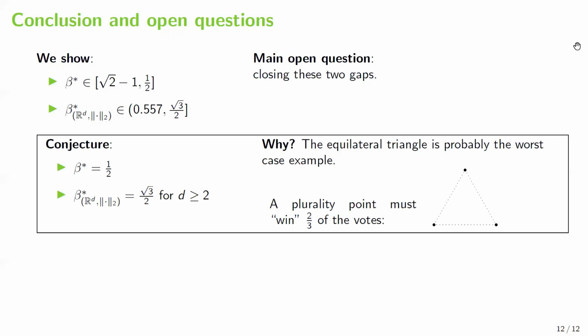And the reason is that the equilateral triangle is probably the worst case example, because having only 3 voters means that a plurality point must win a fraction of 2/3 of the overall vote. And if we add more points, this fraction only decreases.